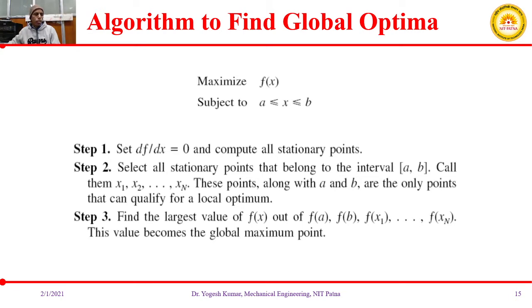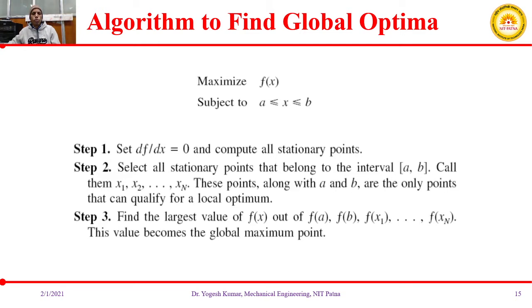Because we know that the optimum value, that is the minimum or maximum value, may lie on a stationary point only, and we have two more points, x equal to a and x equal to b.